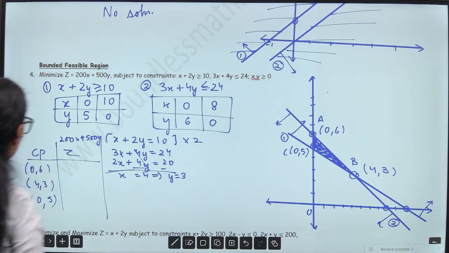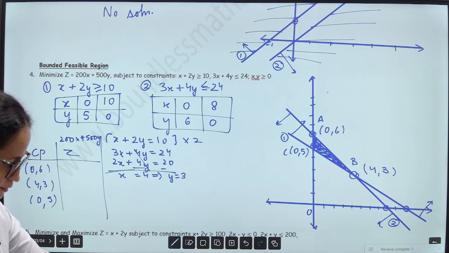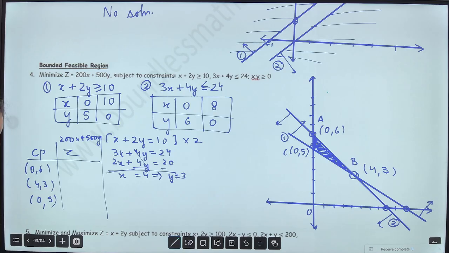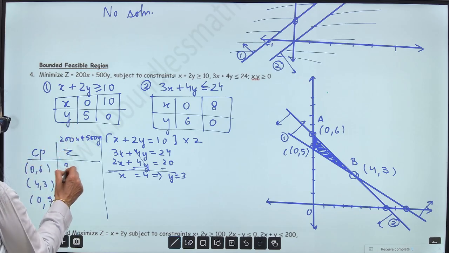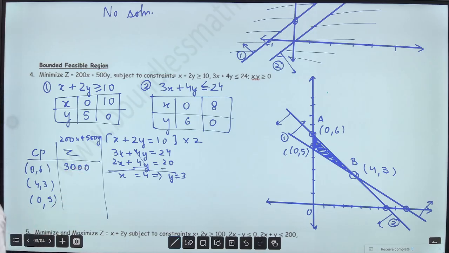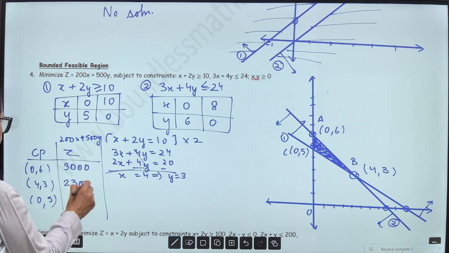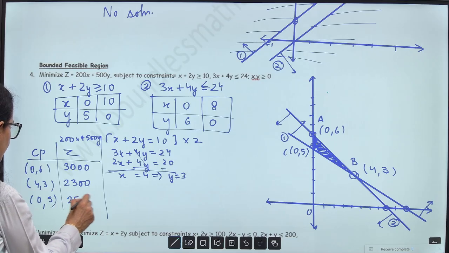Now find the value of z at all these corner points. So when it is 0, 6, the objective function will be 3000. When it is 4 and 3, 4 into 200 is 800 and 500 into 3 is 1500, and it becomes 2300 and 5 into 500 is 2500, so it is 2500.